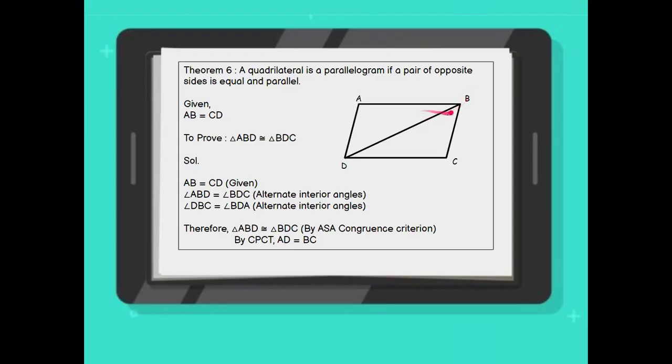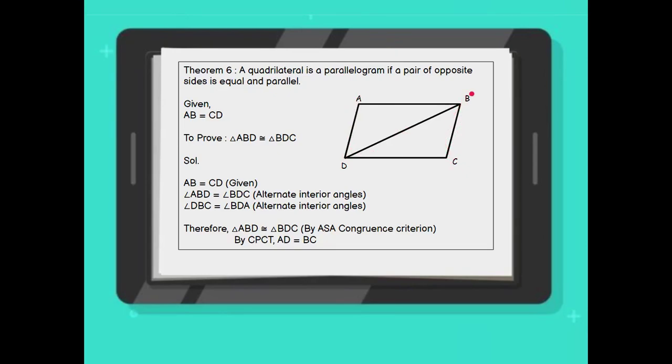So therefore, by side BD common, angle ABD equal to angle BDC, and one more side AB is equal to CD, by SAS congruence criteria both the triangles are congruent to each other. So by CPCT, I can say that AD is equal to BC. So how do I prove that they are parallel?